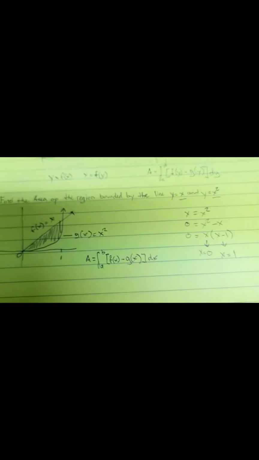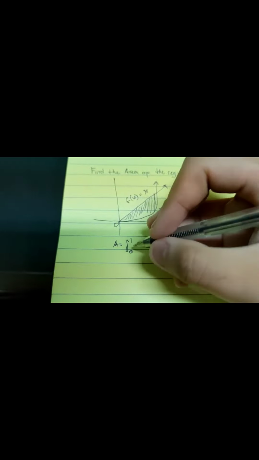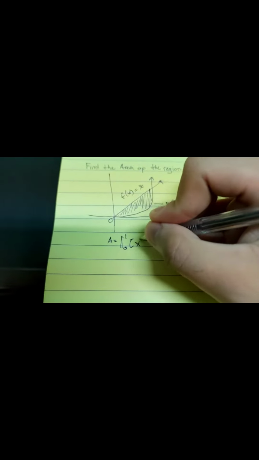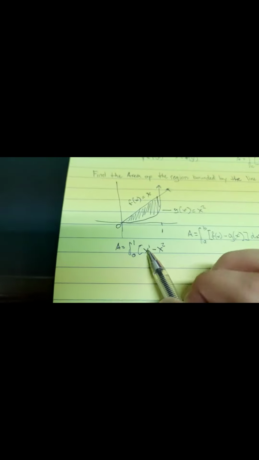So simply by substituting, we can get this. So area is equal to the integral with our limits from 0 to 1 of x minus x squared. This x is just f of x, okay, dx.